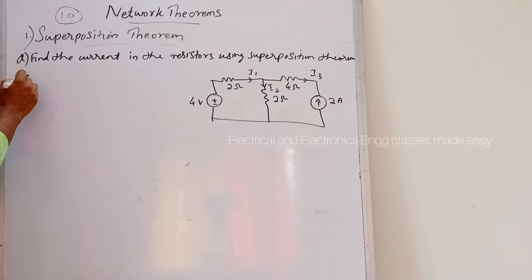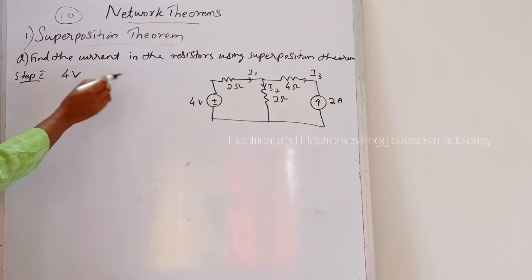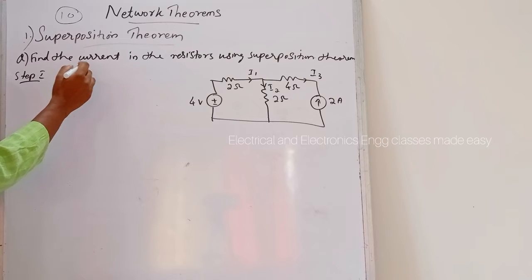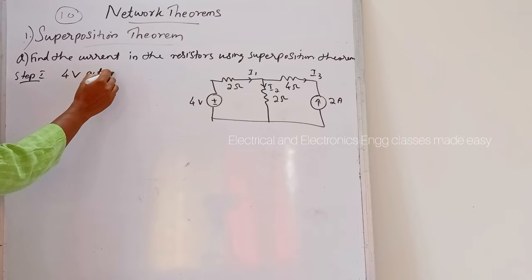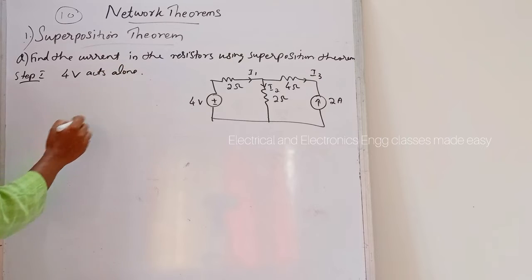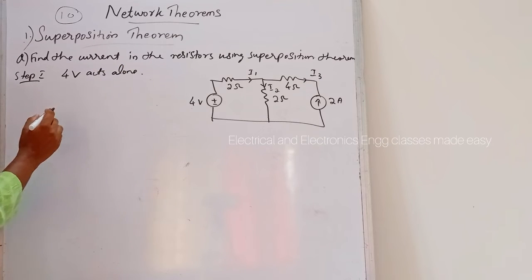So our first step is to consider one source. Let us consider the 4 volt voltage source acting alone. Then redraw the network.